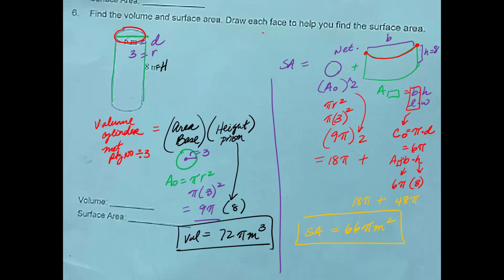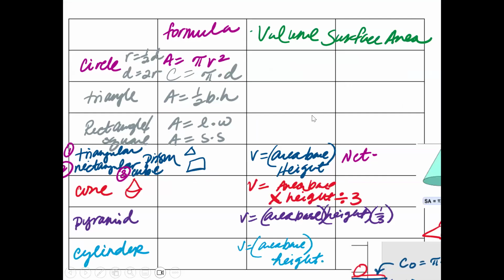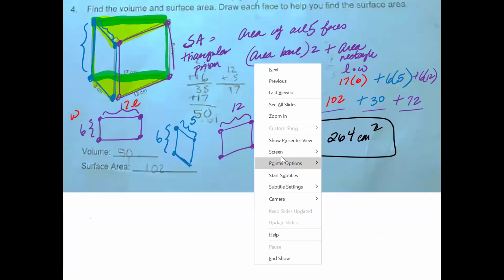Okay, so for this question there are several formulas. That's how you will find it for this one, so make sure you copy them down. Hold on, let me see if I can change this.